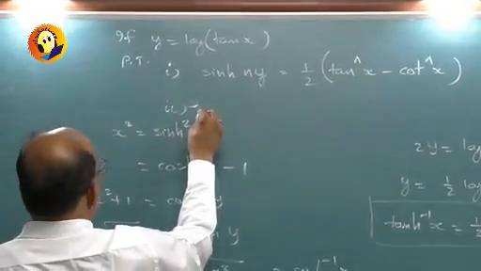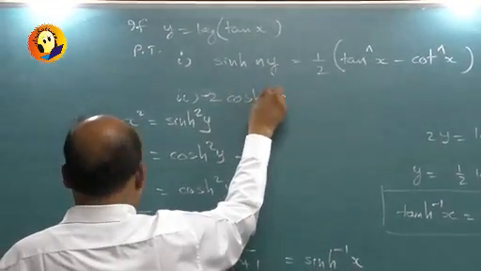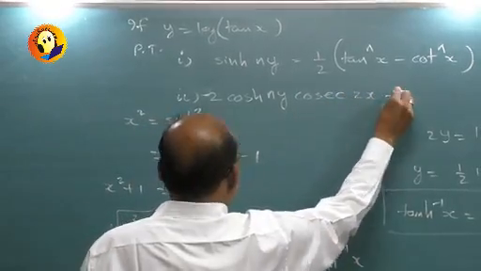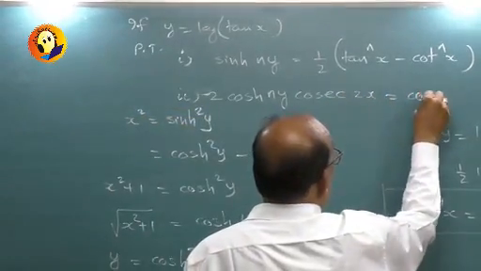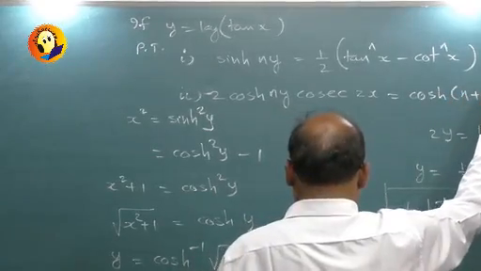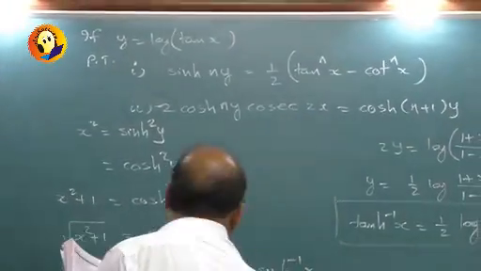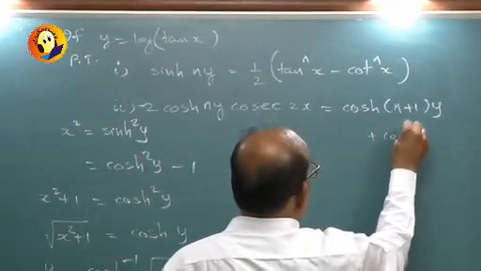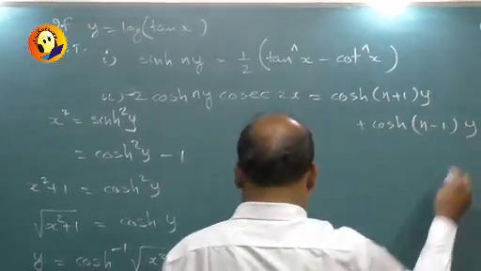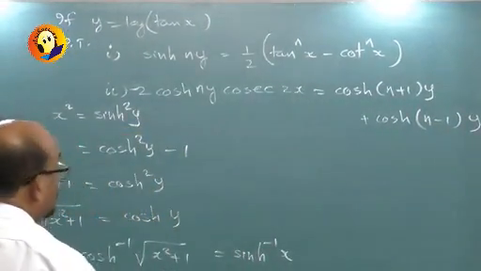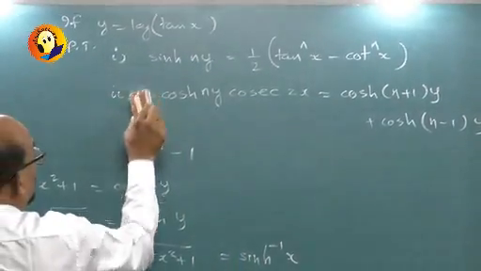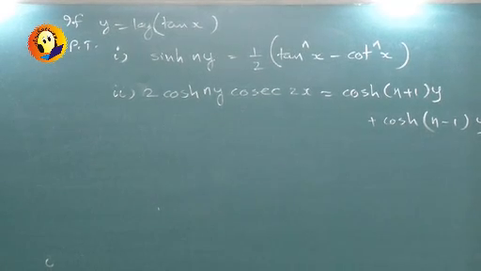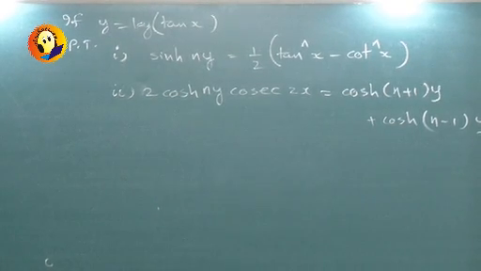Number 2, 2 cosh ny cosec 2x is equal to cosh of n plus 1 y plus cosh of n minus 1 y. And this becomes our very first problem when we have the entire list of formulae with us, and problem starts like this.